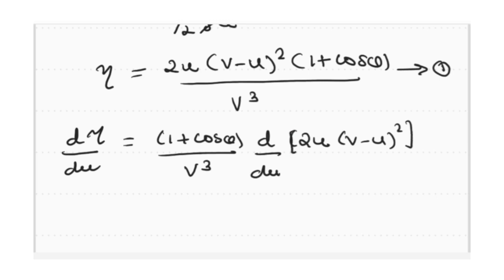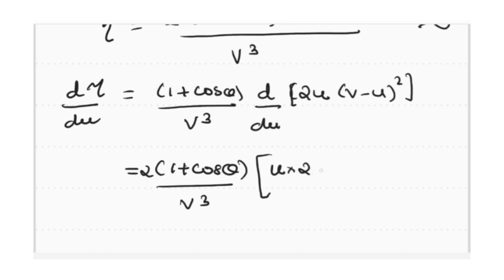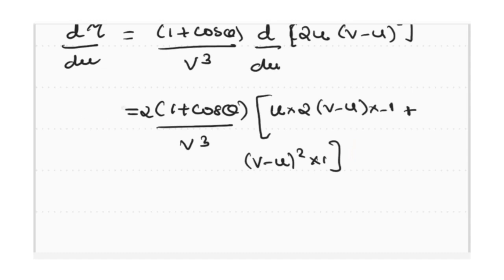If I differentiate, we should use the product rule. 2 is also constant, so u into the differentiation of (V minus u) whole square, which is 2 into (V minus u) into minus 1, plus (V minus u) whole square into the derivative of u, which is 1. That should be equal to 0.